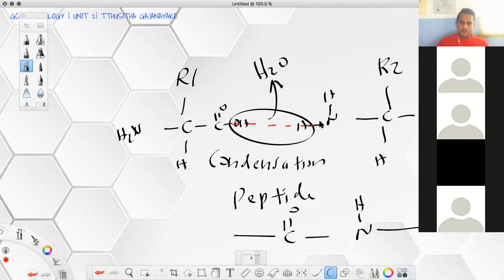Likewise, many amino acids join together one after another to make a long chain. So it creates a huge chain. It depends on the type of protein; the amino acid number is different. Let's say insulin is a protein. It has different amino acids. Let's take enzymes, lipase, amylase. They have different amino acids.